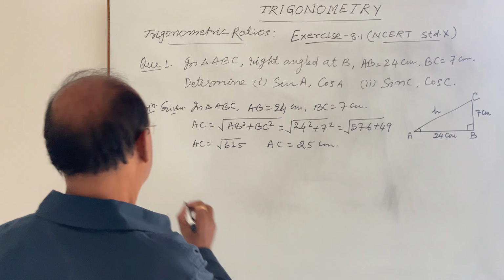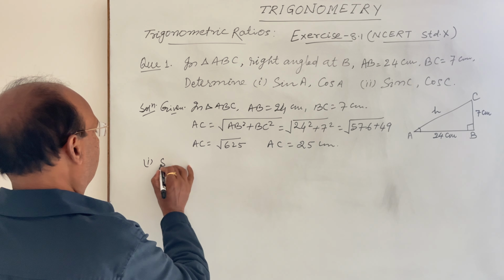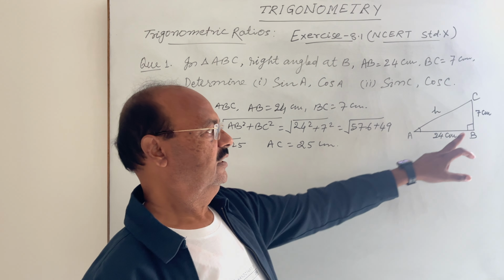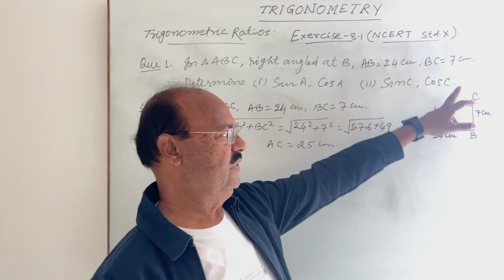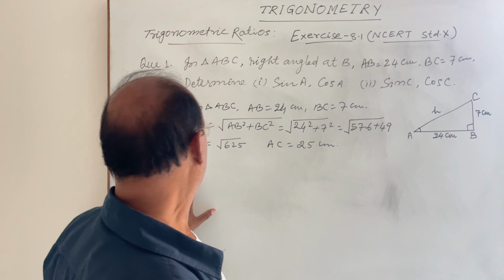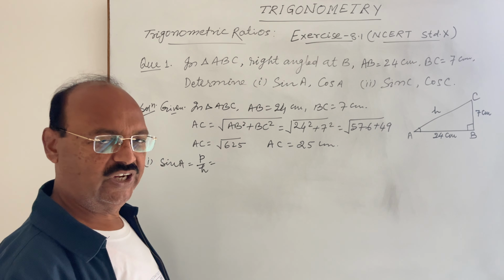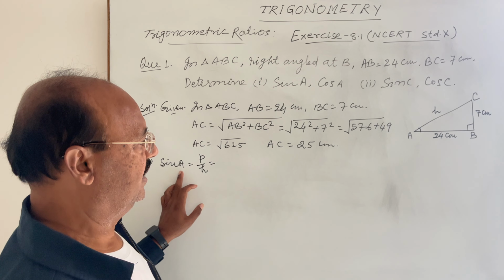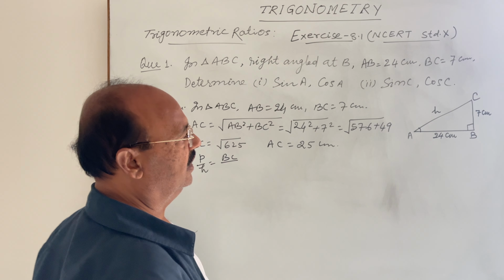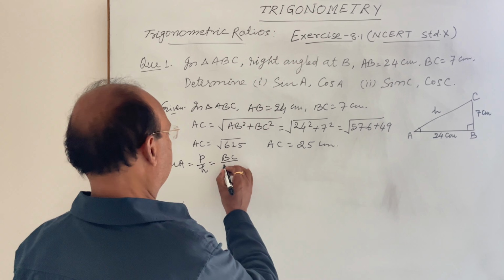Now let us see the first part of this question. Here we have to find out sin A. With respect to angle A, BC is perpendicular and AC is hypotenuse. Sine is P by H, perpendicular by hypotenuse. So perpendicular is BC, and hypotenuse is the longest side, which will always remain the same, here AC.